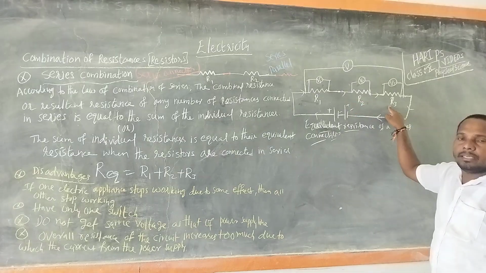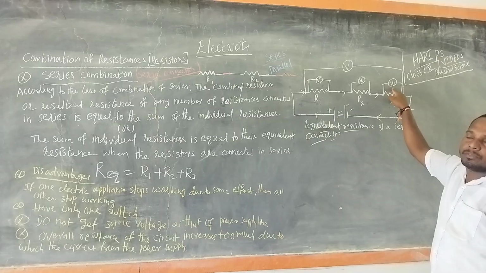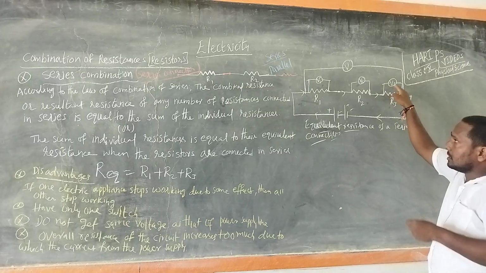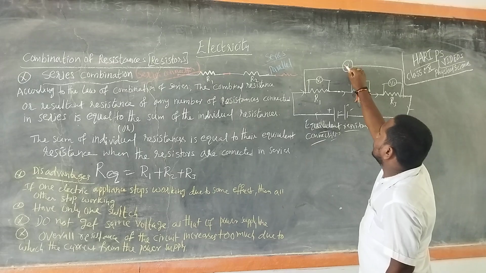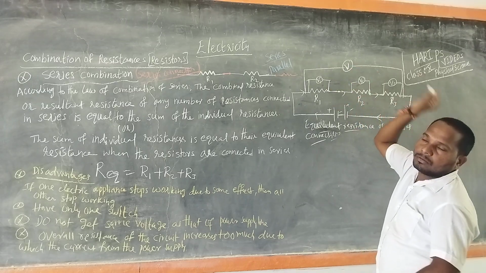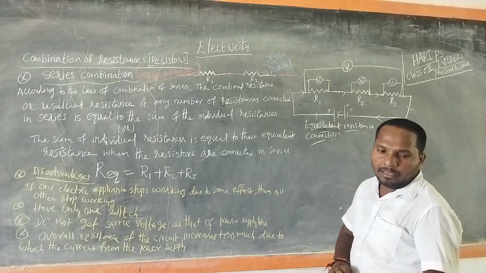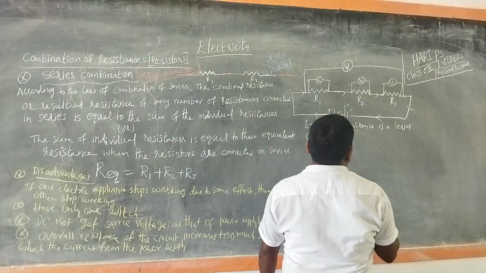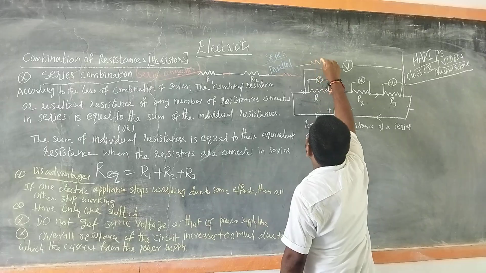Then R3 is the resistance of the third resistor, V3 is the potential difference of the third resistor. Together, the total potential difference happens. Similarly, there is a final resistance also.